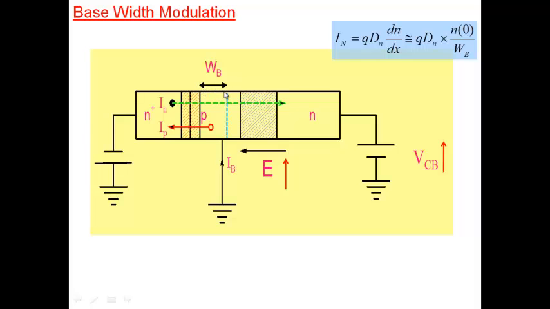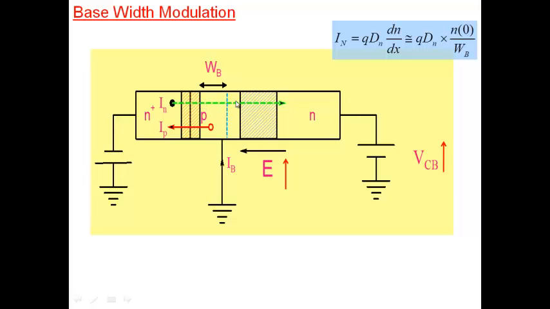Now, how does it result in an increase in current? I've not said it explicitly here. If you think about this current, you are injecting electrons, and they come to the base. This region that you see here, the base, is neutral. Why? Because the depletion regions are here and here, that's where the electric field is. Outside the depletion region, I have no charge, it's neutral. Now the question you should ask yourself is, how does this current flow from this end to this end if there's no electric field?